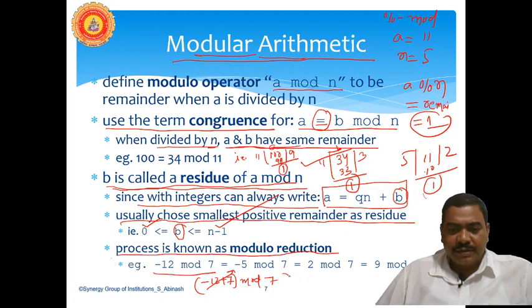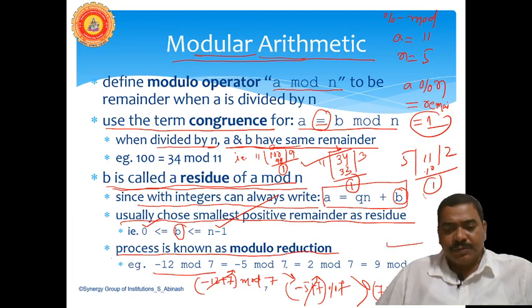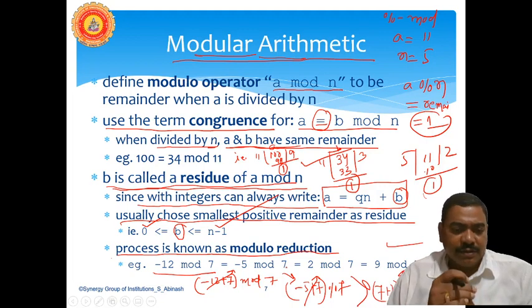Then for this, minus 5 plus 7 mod 7, that is equal to 2. Then 7 plus 2 mod 7 is equal to 9 mod 7. So this process of reduction is known as modular reduction.